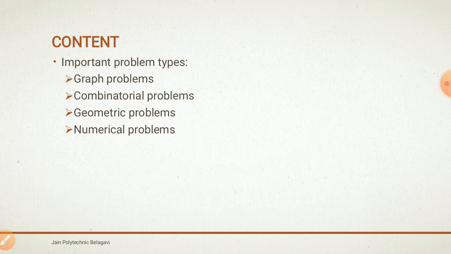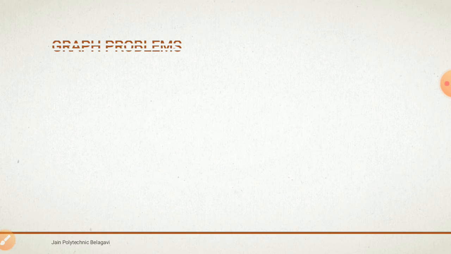Other than sorting, searching and string processing, we have these problems too: graph problems, combinatorial problems, geometric problems and finally numerical problems. We will see what exactly these kinds of problems help us to solve, the problems which we are solving with the help of algorithms.